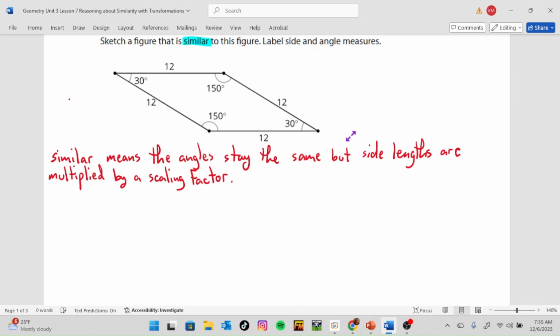In this case, we could use any scaling factor we want. Just for ease, let's use 1/2.